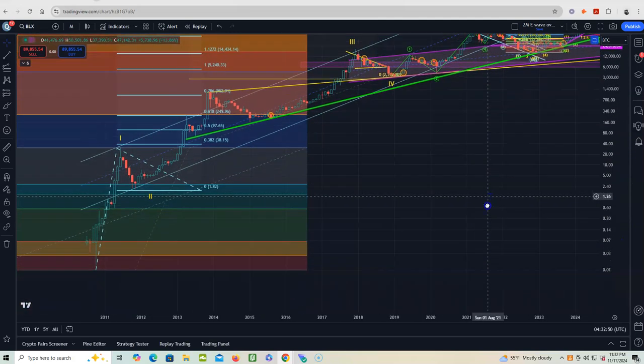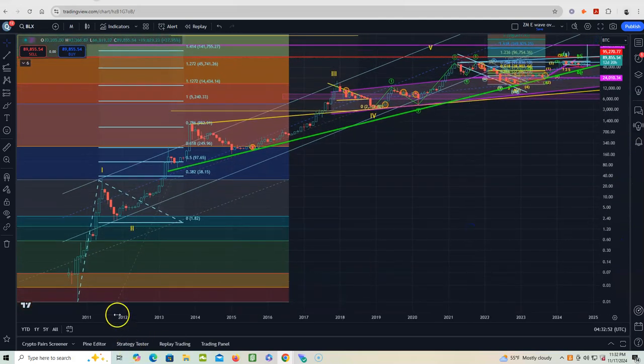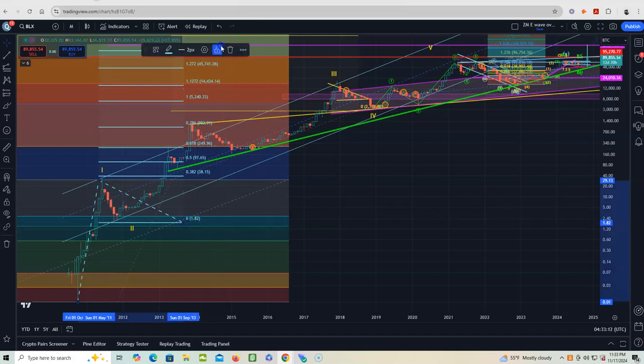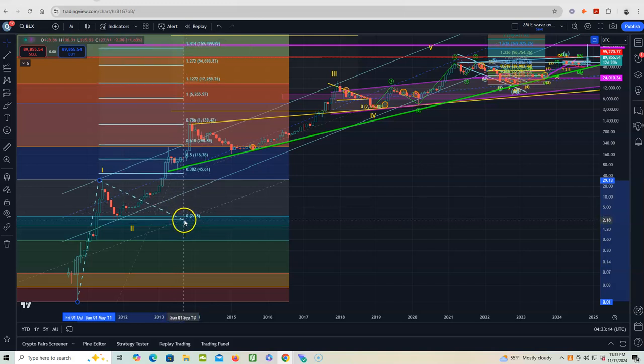We're going to be going from bottom to top and measuring it out and projecting it onto the next cycle. We begin with the Genesis cycle, October 2010. We measure the full length, and then we project it from the bottom of the previous cycle, of the next cycle. And there we go.